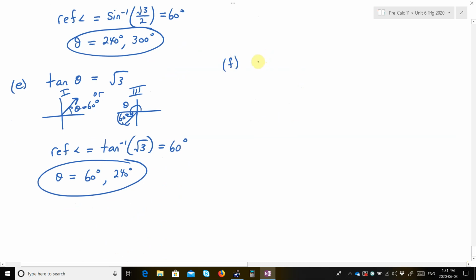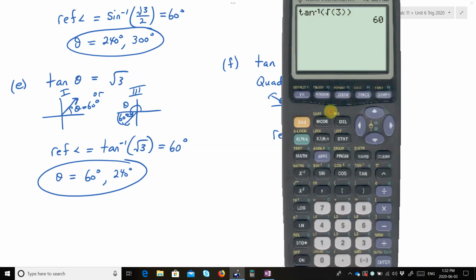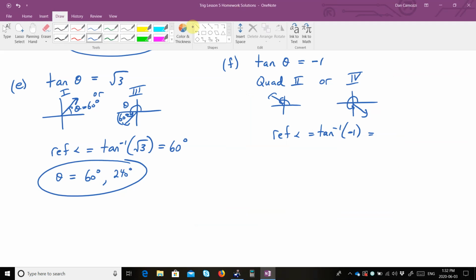And finally, letter F, we've got tan theta equals negative 1. Where is tan negative? In quadrant 2 or 4. So the angle would be like this or like this. The reference angle is going to be tan inverse of negative 1. Sorry, not of negative 1. You make the ratio positive to get the reference angle.